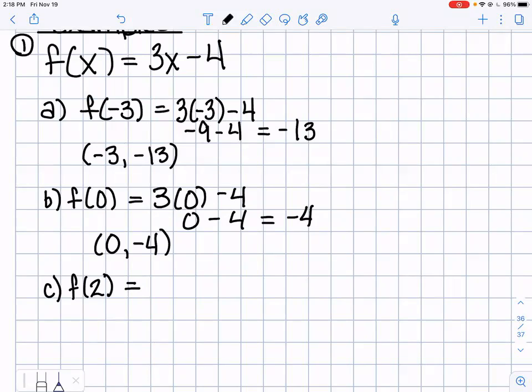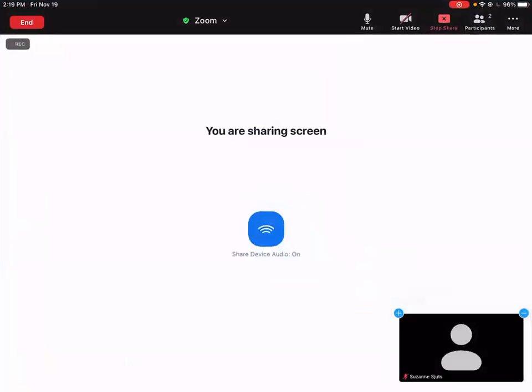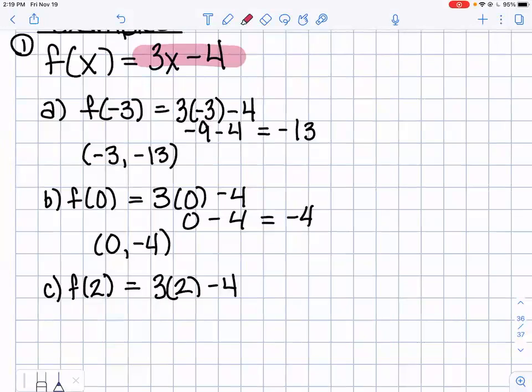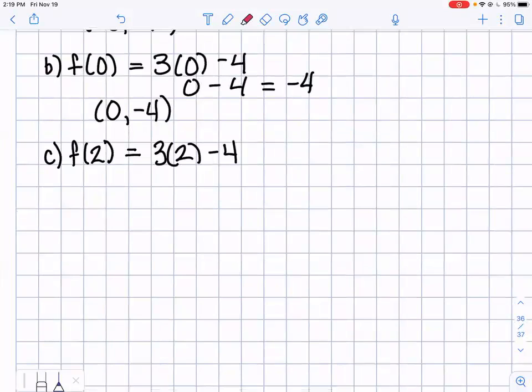I said okay. So if f of 2, so x is 2. So 3 times 2 minus 4. We're using this same equation for all of it. Somebody answer that. So 3 times 2 is what? 6. Whoopsies. 6 minus 4 is 2.